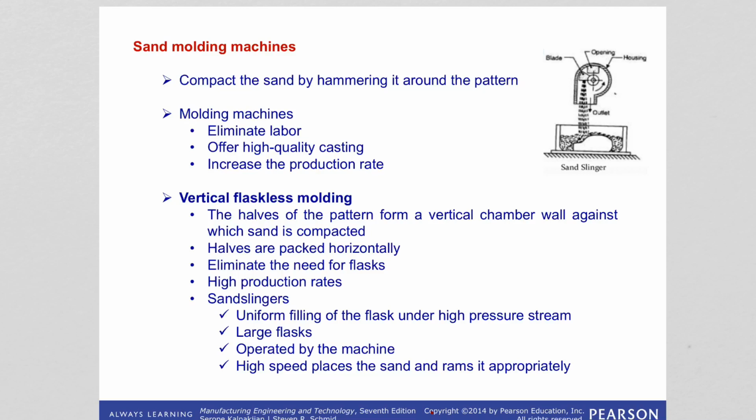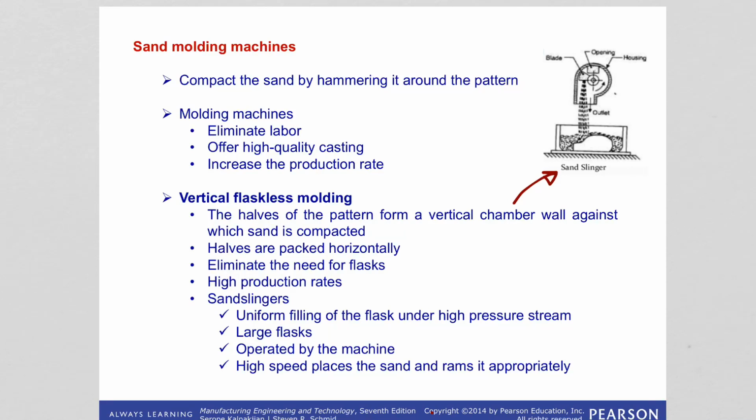It has high production rates, and sand slingers are used to fill the sand uniformly because it has a high pressure stream of the sand. We are seeing the image of a sand slinger here, how sand is being introduced to form the mold. It introduces the sand at high speeds and therefore sufficiently packs the sand.